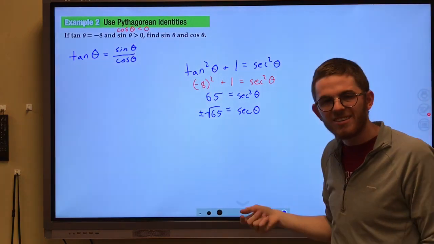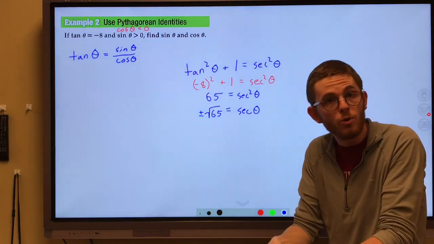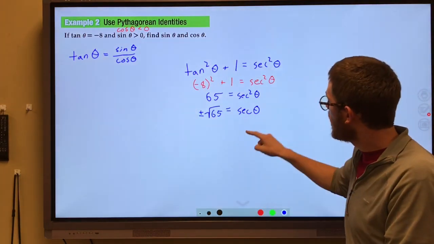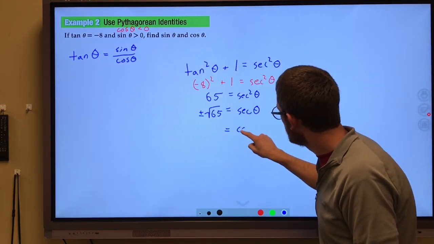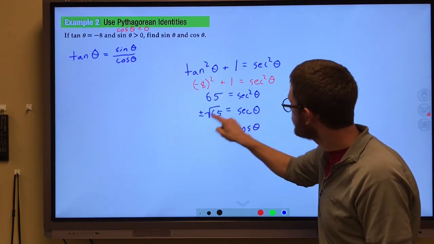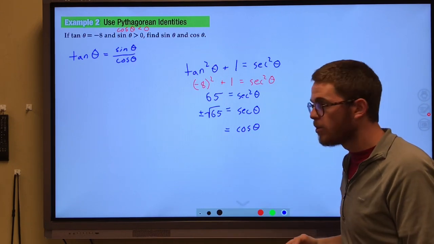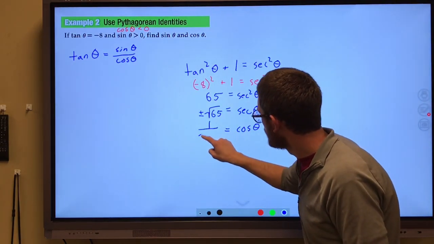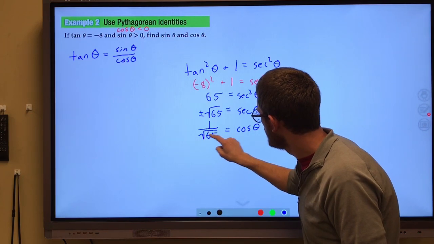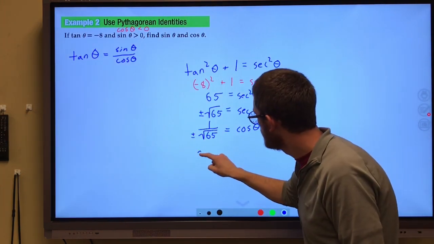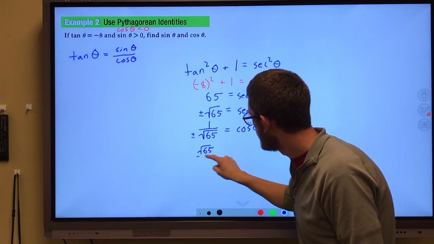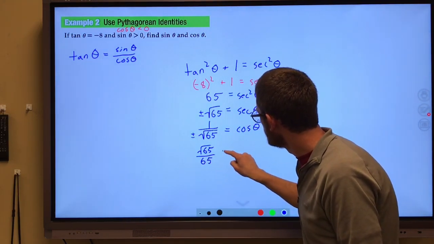And what is secant? Secant is the reciprocal of cosine. So when I take the reciprocal of each side, the reciprocal of secant is cosine. The reciprocal of the square root of 65 would be 1 over the square root of 65, which we could then rationalize and get root 65 over 65.